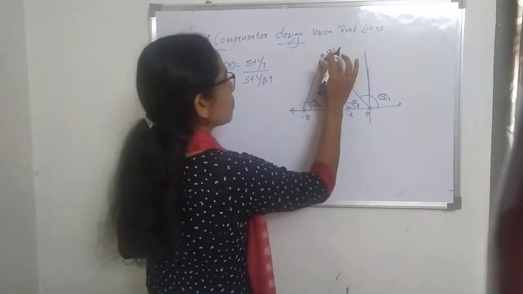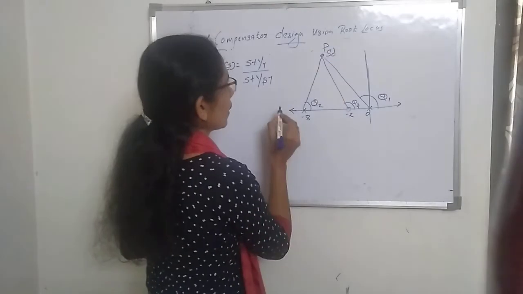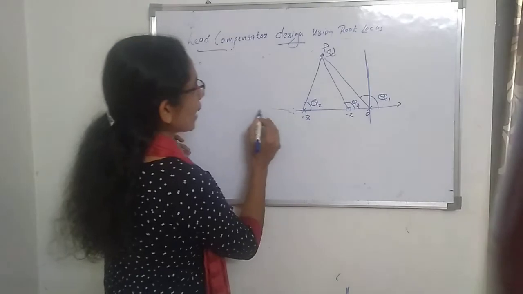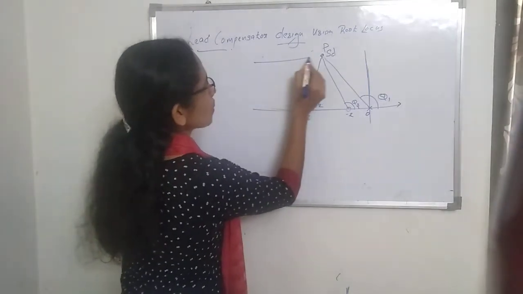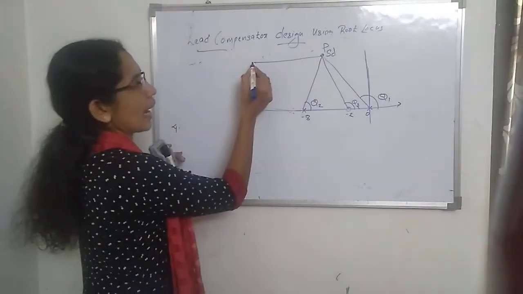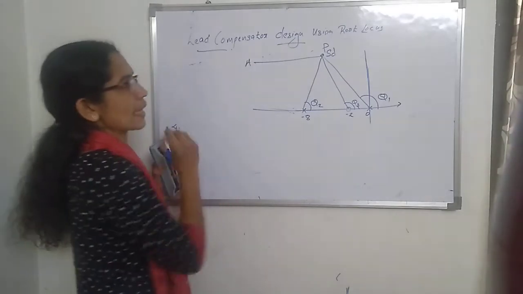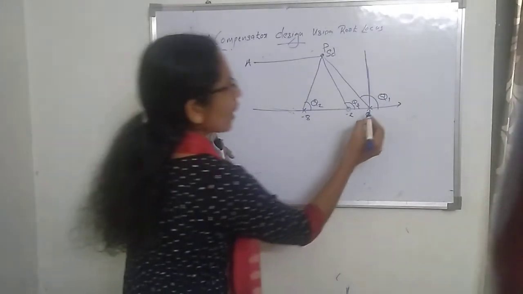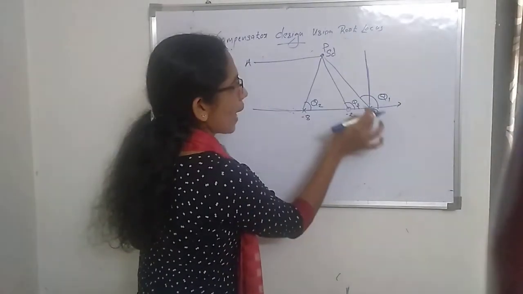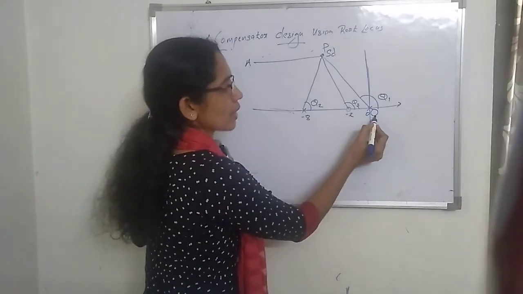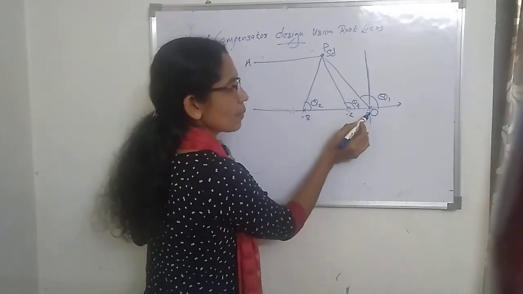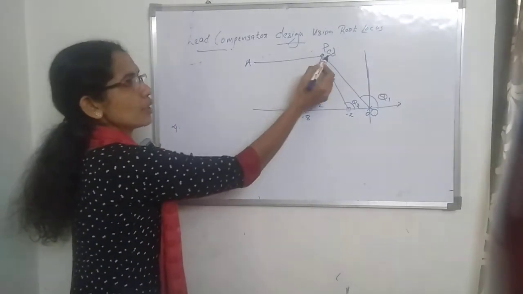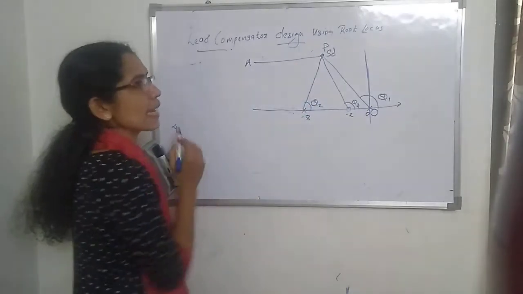Let this dominant pole point be P. Then draw a line parallel to the x-axis, and let that line be AP. Also draw a line to the origin, because we have a zero at this point. So we have a line parallel to the x-axis through the dominant pole SD, and that line is AP.